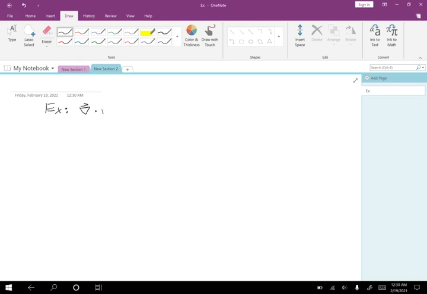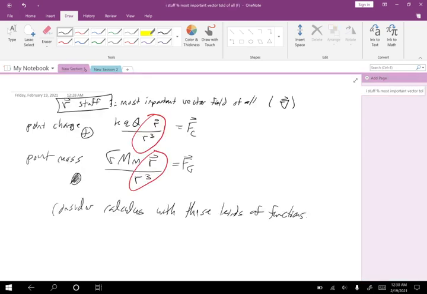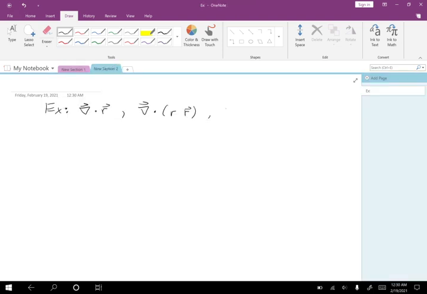Calculate the divergence of our position vector field. Calculate the divergence of our position vector field scaled by some factor. Remember, our forces are scaled by r cubed, so that's a good motivation. And then finally, compute the Laplacian of r cubed. Remember, a Laplacian is just the dot product with the gradient.